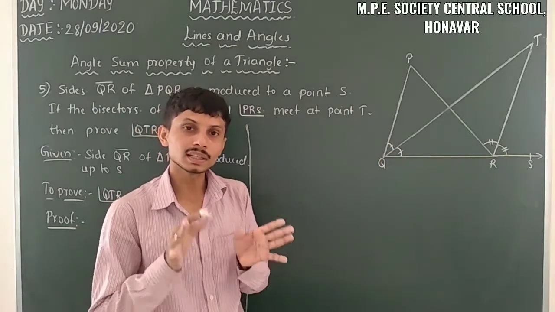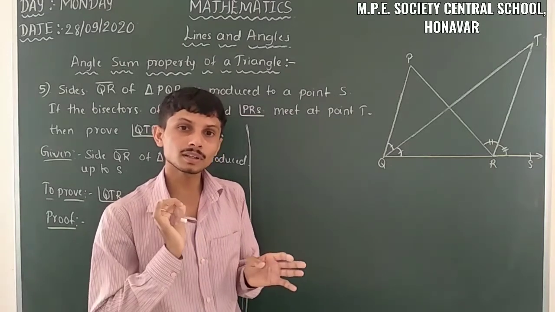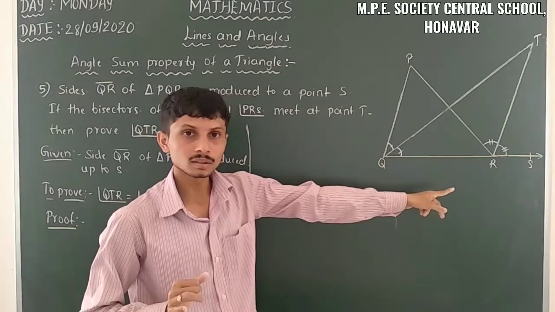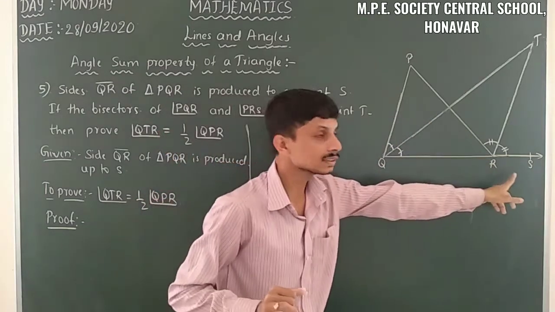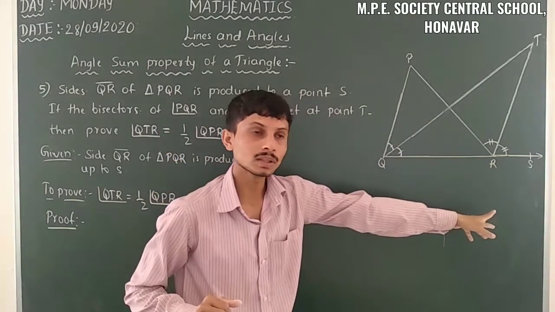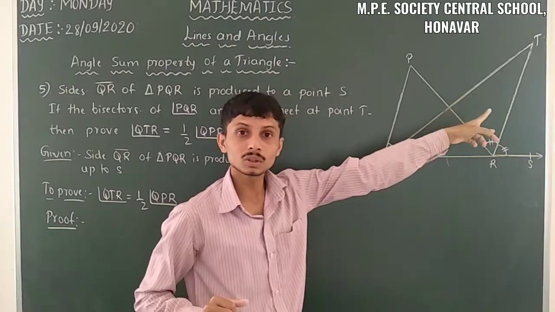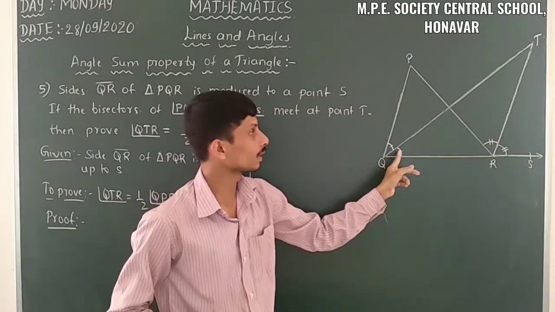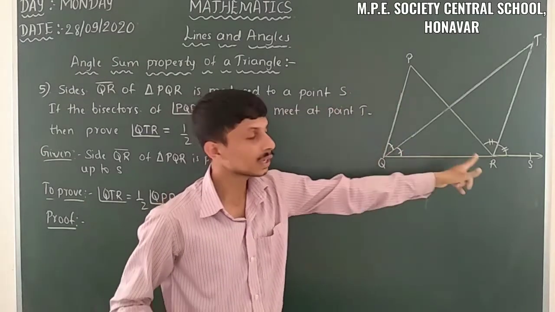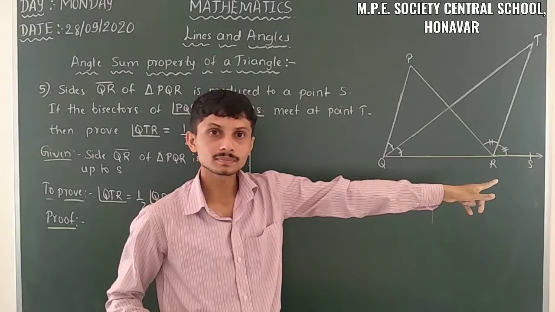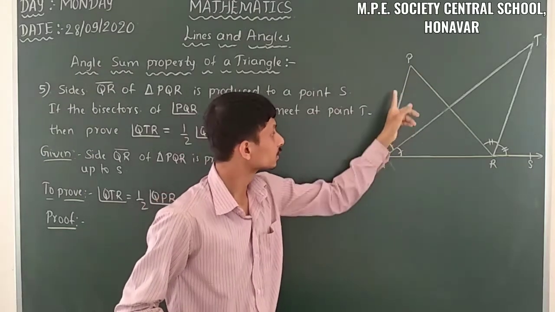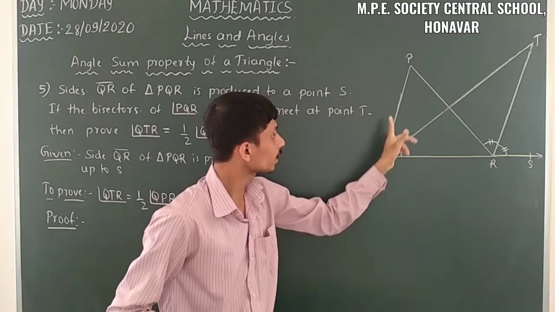So in this case a common term appears. When we are taking QTR, TRS is the exterior angle formed, then along with QTR we have this part. Then when we take PRS as the exterior angle, we have QPR and this entire angle PQR.